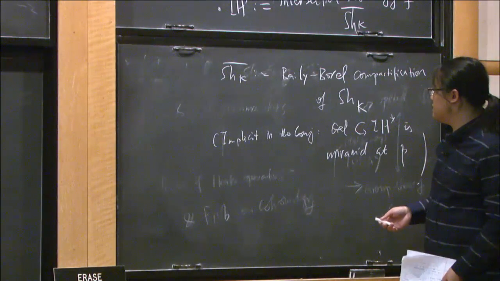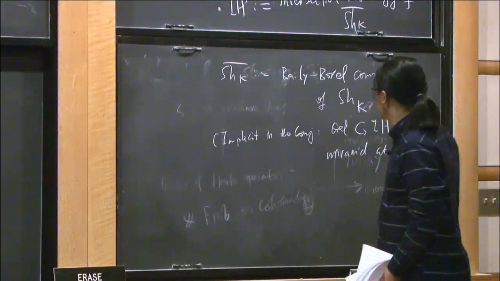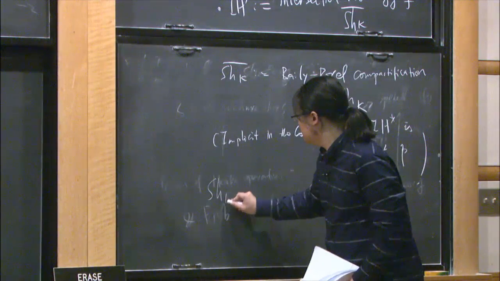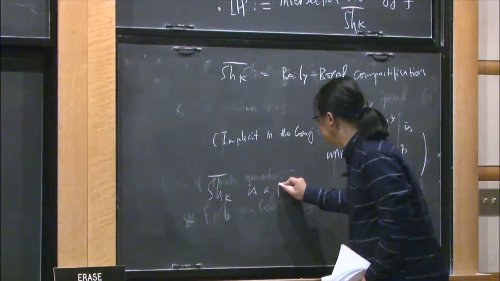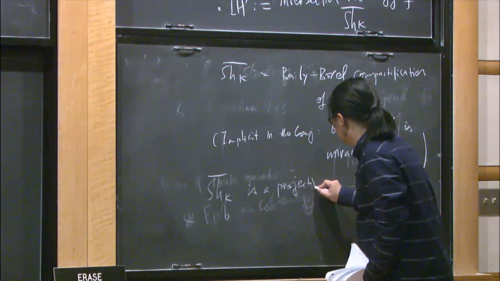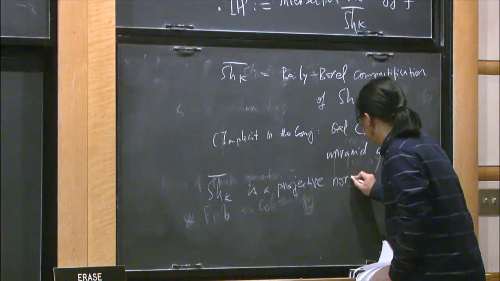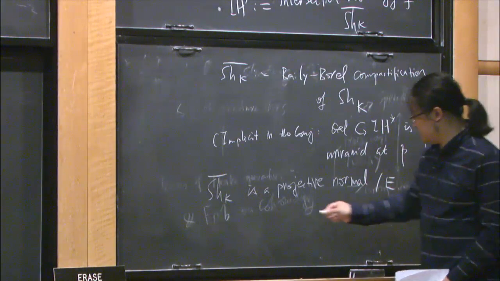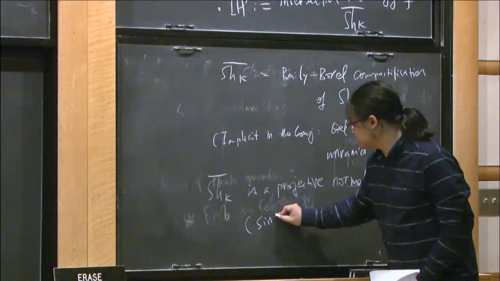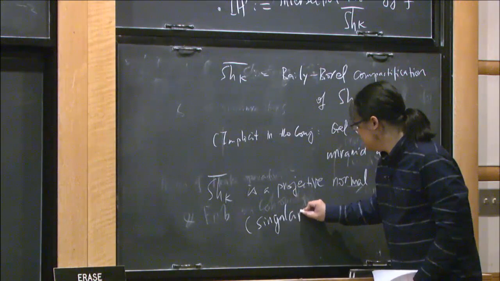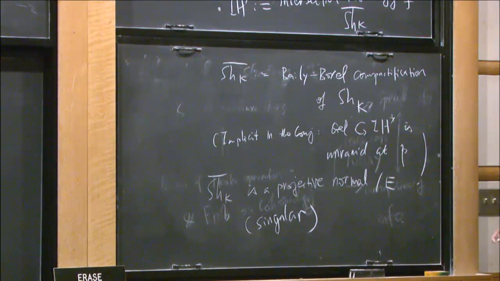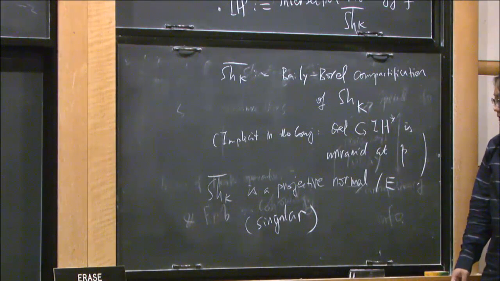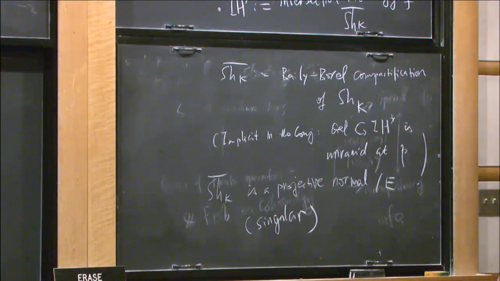I can also recall that this Baily-Borel compactification is a projective and normal algebraic variety also over the reflex field E. But in general, it can be quite singular. In the one-dimensional example, these are just the modular curves, and they are smooth. But in higher dimensions, they can be singular.